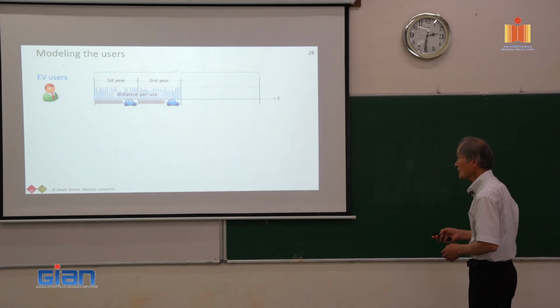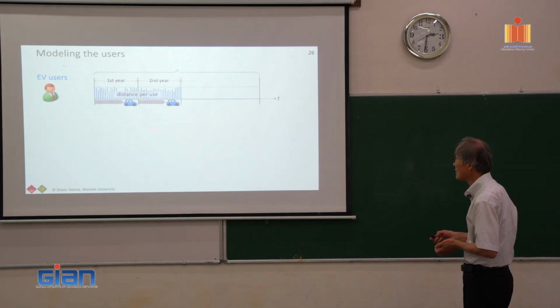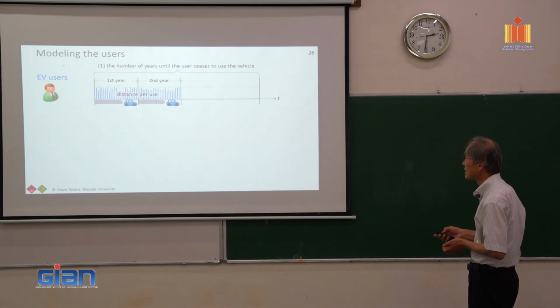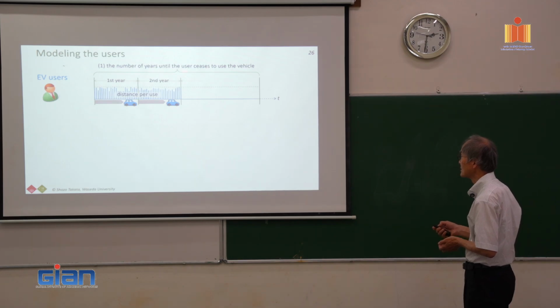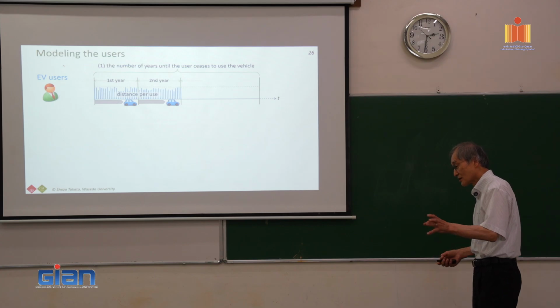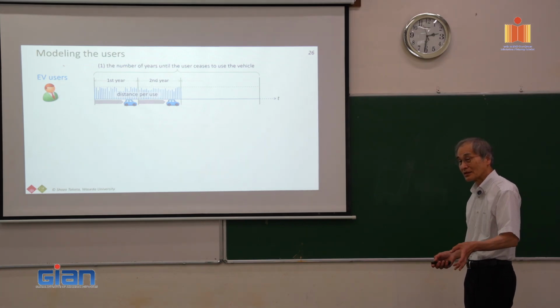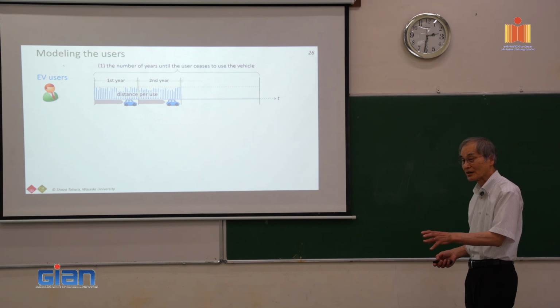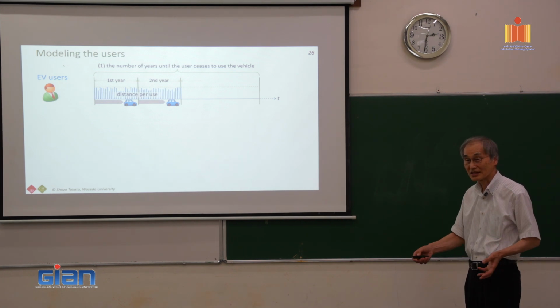So, for modeling the users, we use parameters such as average distance per use. The first one is the number of years until the user ceases to use the vehicle. So one user drives the car only 3 years and wants to have a new car, but another user may use it 10 years or 15 years.